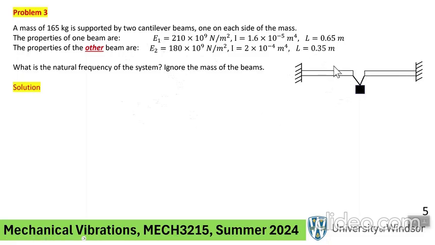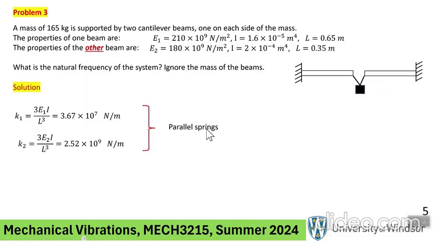The cantilever beam on the left acts as a spring with this stiffness. Remember this from deformable bodies and the things that we did in vibrations class. The same thing can be calculated for the right-hand side. These two both resist the motion of the mass simultaneously, so they're in parallel configuration, and I'll just add them up.